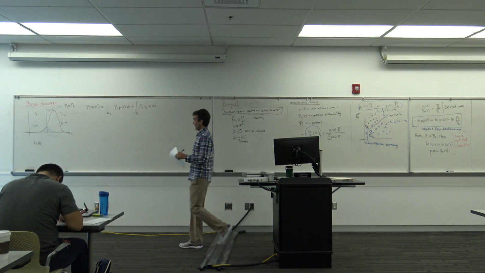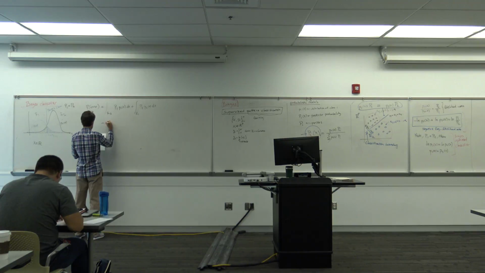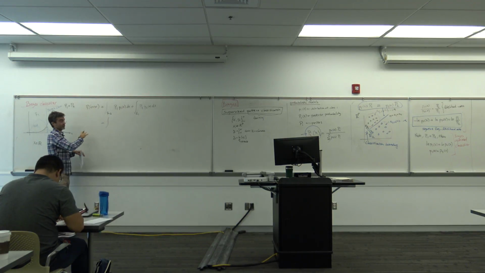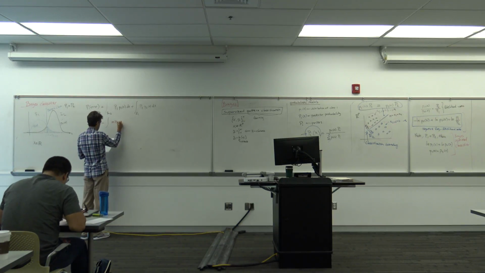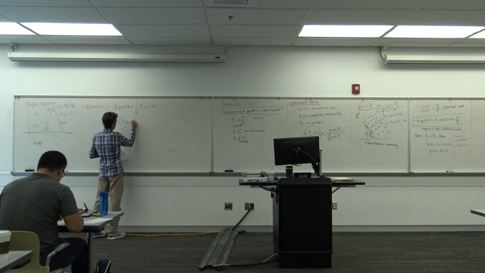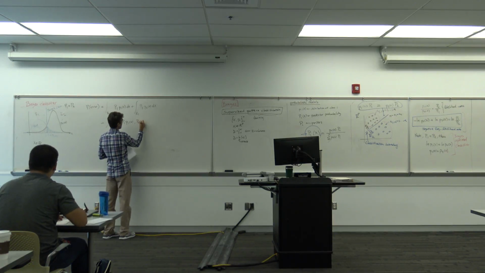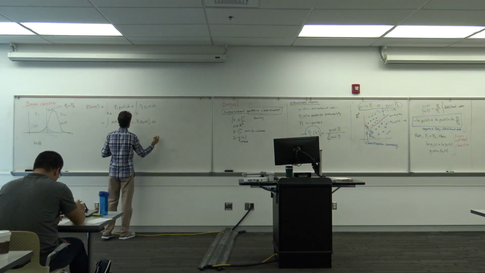That's the same as writing, if you prefer, and I like this form better: I integrate throughout the whole space the minimum of P1 of x or P2 of x. I think that's clear, right?